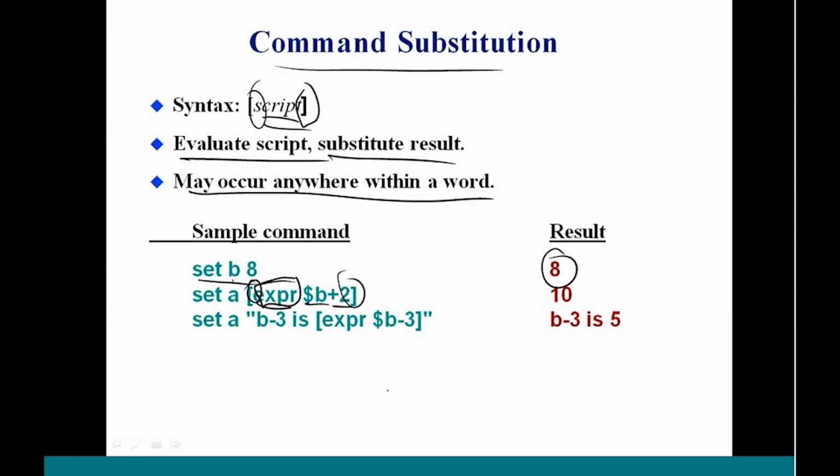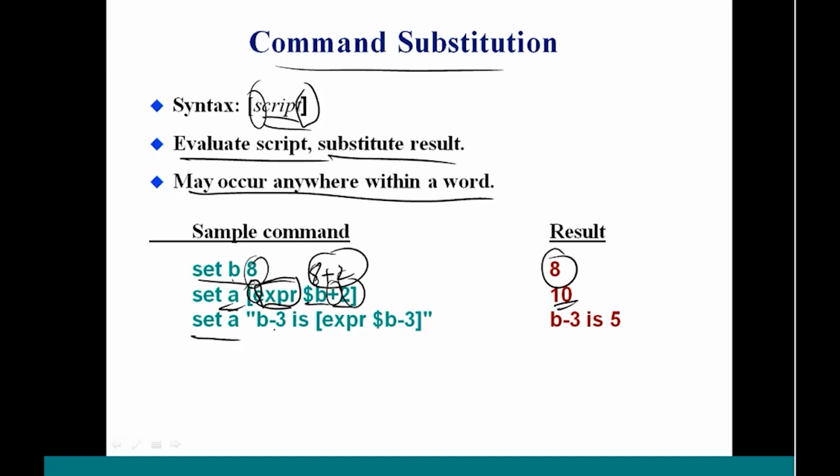When it executes the command, it knows that B is 8, so it substitutes 8 here, and then it adds 2. So there is a variable substitution and a command substitution as well. It evaluates 8 plus 2 as a command, so the answer is 10, and that is assigned to A. So here the result is 10.